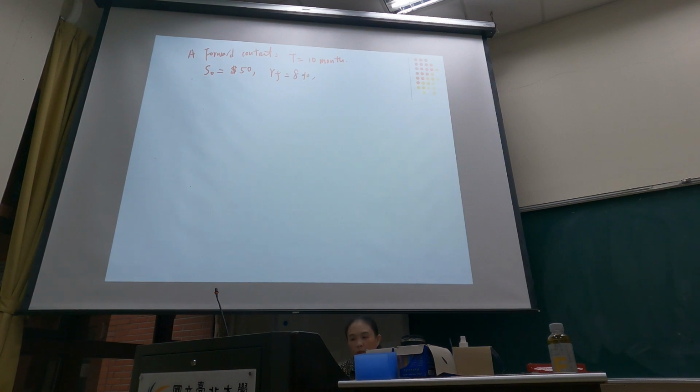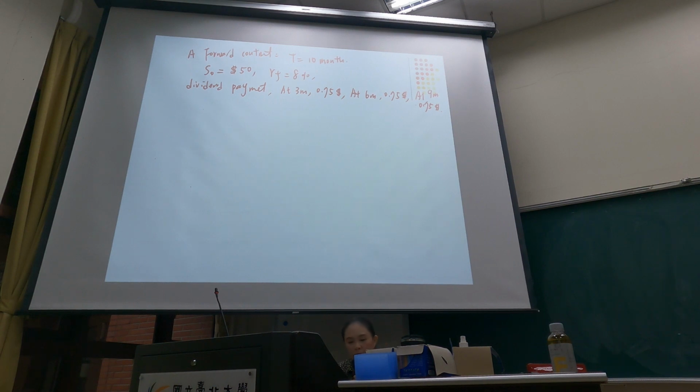Now we have a dividend payment. This is a quarterly dividend payment, like TSMC, paying every 3 months. So at 3 months, $0.75. At 6 months, $0.75. At 9 months, $0.75. Are we okay with that?